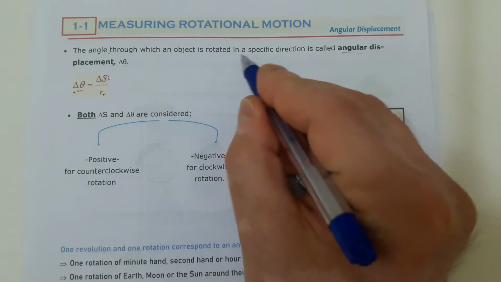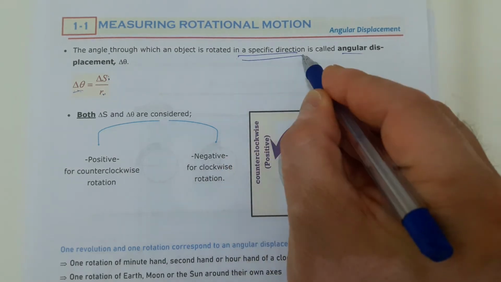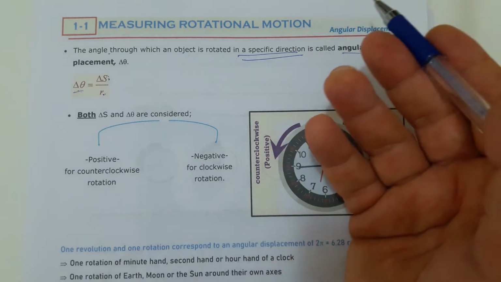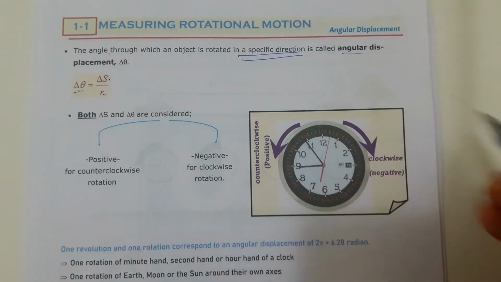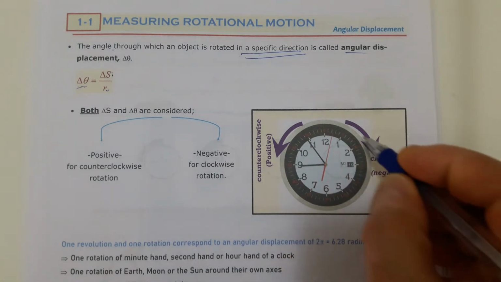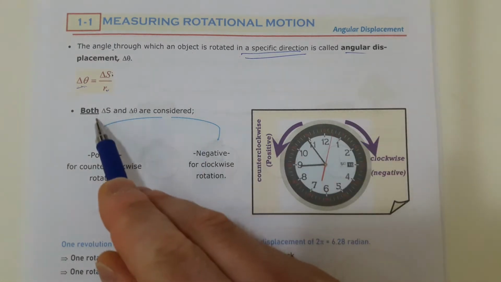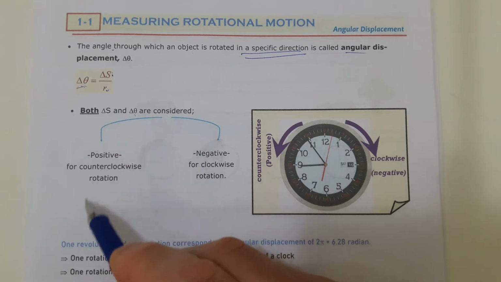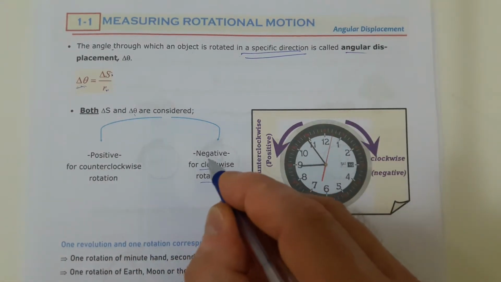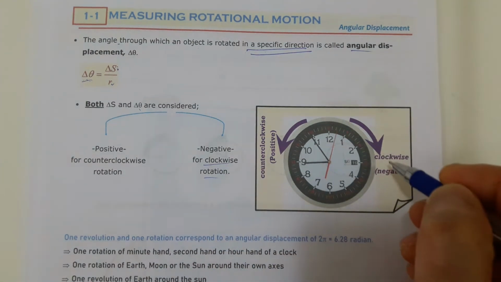So rotating in a specific direction, because we say that, means this direction can change. If the revolution or motion is clockwise, both delta s and delta theta are negative.